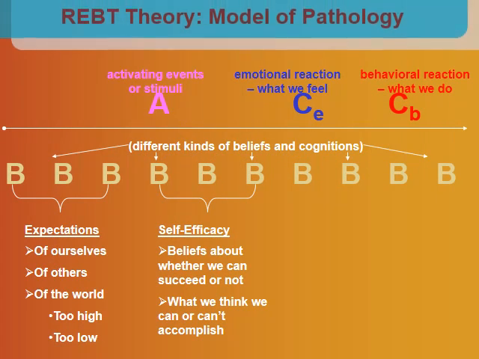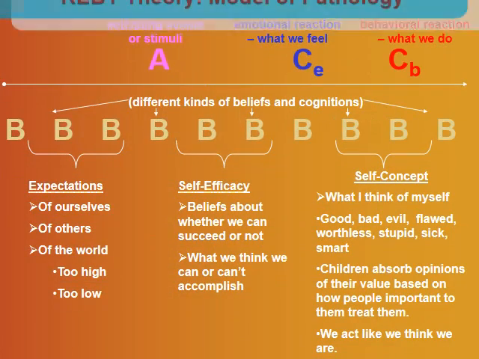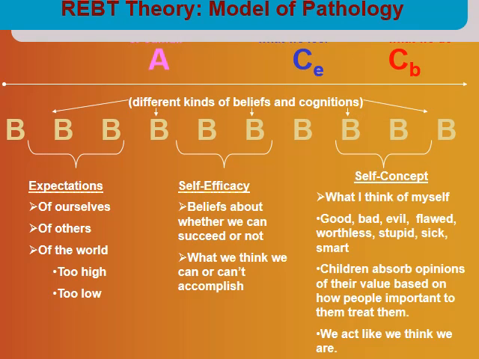And then we're looking at self-efficacy as another type of belief or cognition. And these will be beliefs about whether we can succeed or not, or what we think we can or can't accomplish. And the third would be self-concept, what you think of yourself, and some descriptors are here.